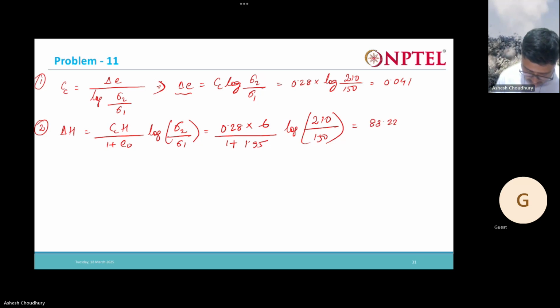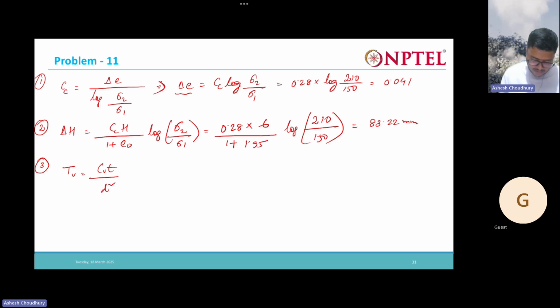83 point. Next, we have the time required for 50% consolidation. So we have Tv equals Cv t by d squared. We need to find out Cv first, the coefficient of consolidation.